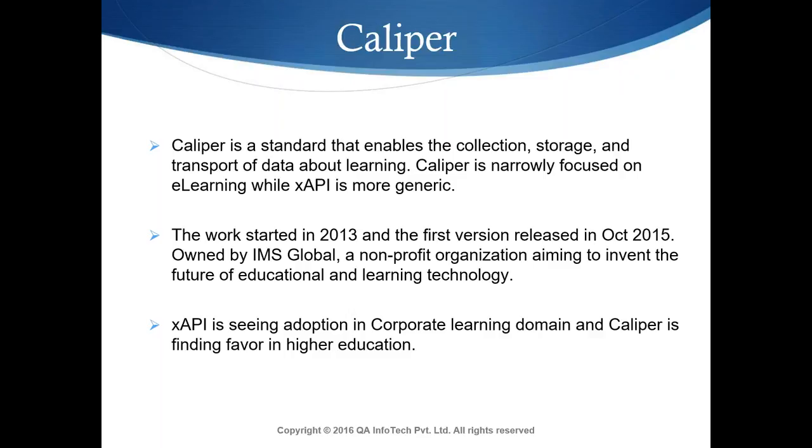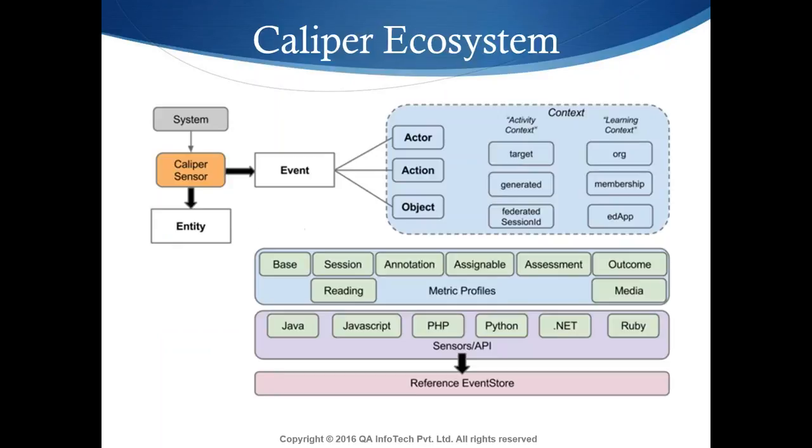So that is one basic difference. And xAPI is seeing more and more adoption in the corporate learning domain, while in the higher education market, the universities and schools, we are seeing Caliper gaining traction.